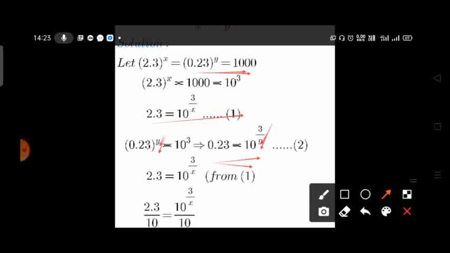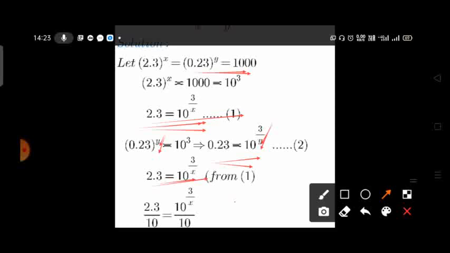Actually we know from equation 1, 2.3 is equal to 10 power 3 by x. We are dividing 2.3 by 10. After the equals sign also the same operation has been done. When the operation is done on both sides, the value will not be changed in most cases.